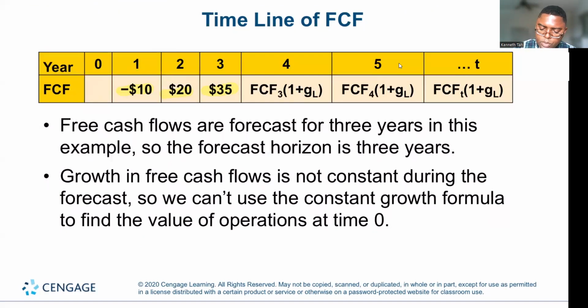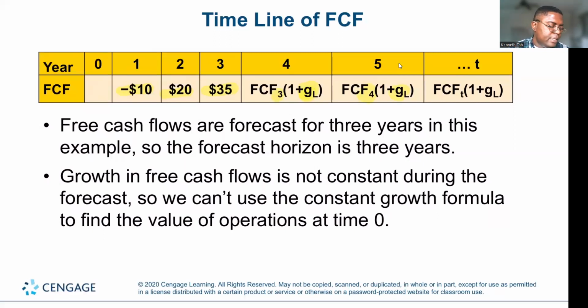And after that, the growth rate becomes constant. So if the growth rate becomes constant after that, it means that free cash flow for year 4 is going to be free cash flow year 3 growing by g_L. For year 5, it is going to be free cash flow year 4 growing by the growth rate, and so on and so forth.